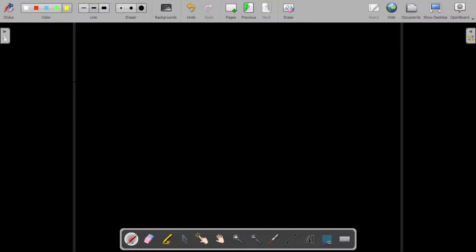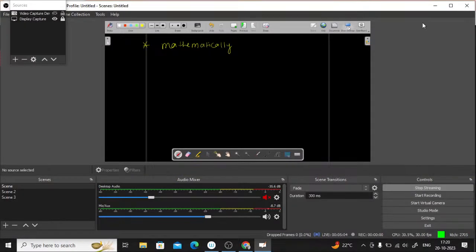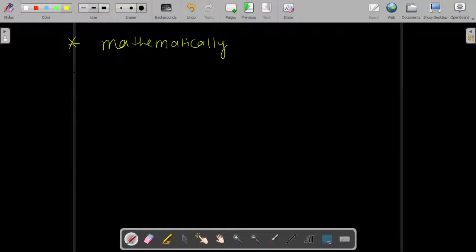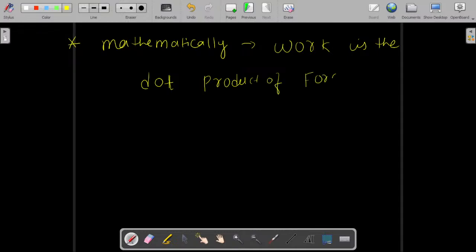Next topic, write down mathematically. Work is the dot product of force and displacement.